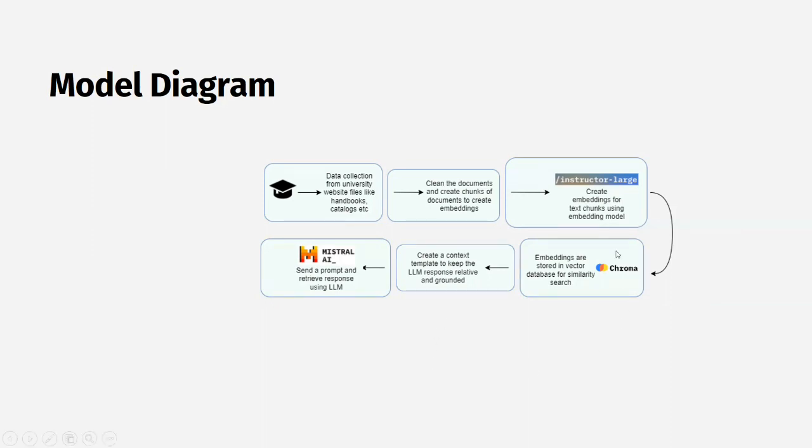Once that is done, these vectors are stored in ChromaDB, and whenever a user query is sent, the vectors stored in ChromaDB are compared with the user-generated query vector, and the most similar vector will be sent as a response to the user, and that's how it works in the backend.